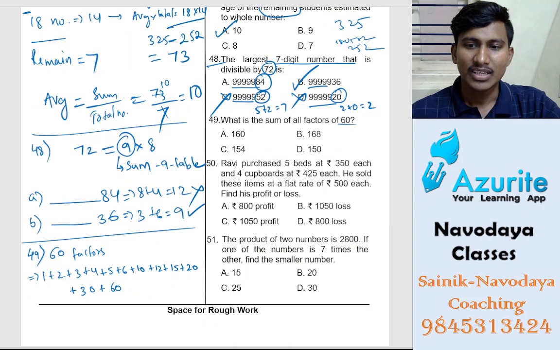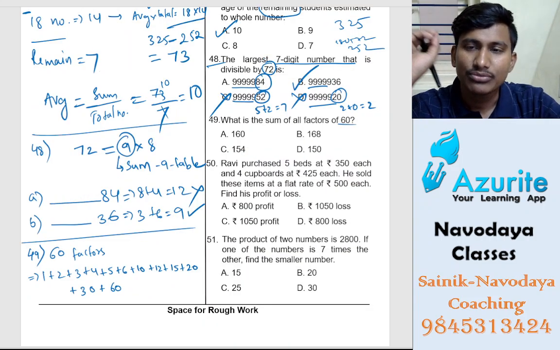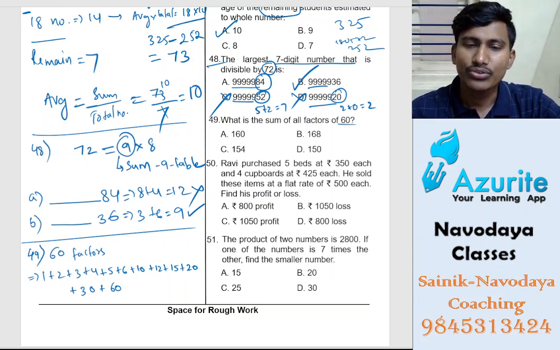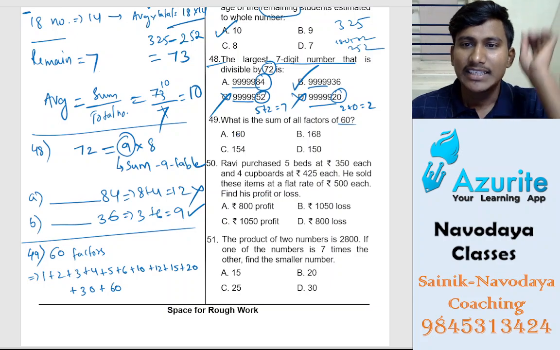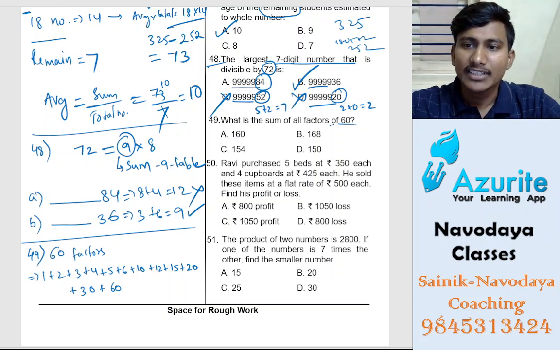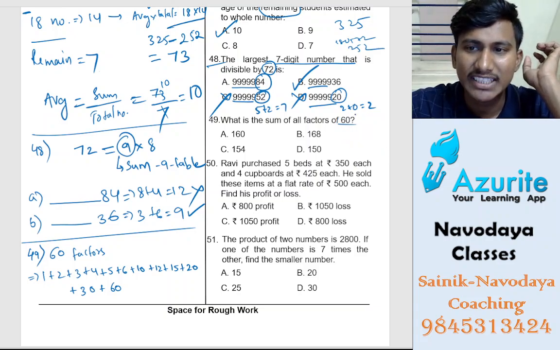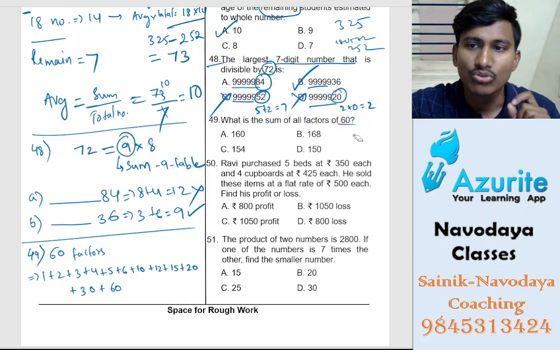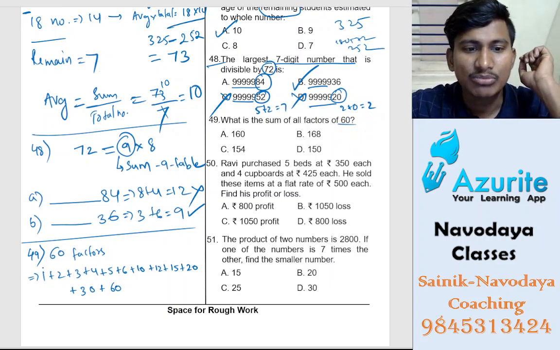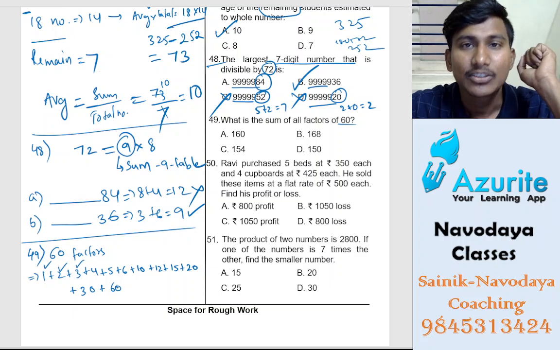Understood? So see here students, next question 49. What is the question here? It is very easy. What is the sum of all the factors of 60? Factors of 60 means dividing numbers. 1 60 is 60, 2 30 is 60, 3 20, 4 15, 5 12, 6 10.